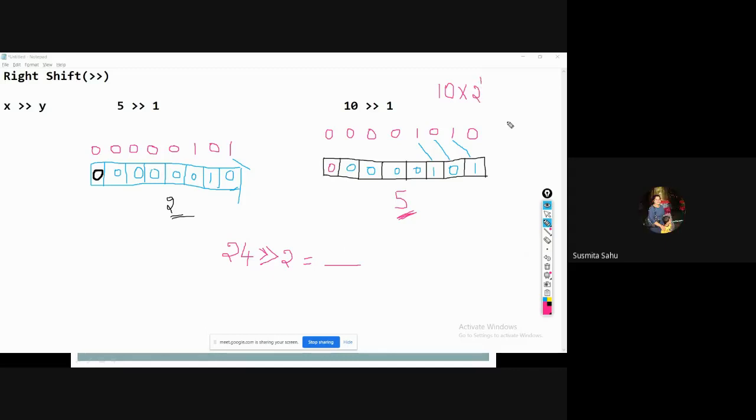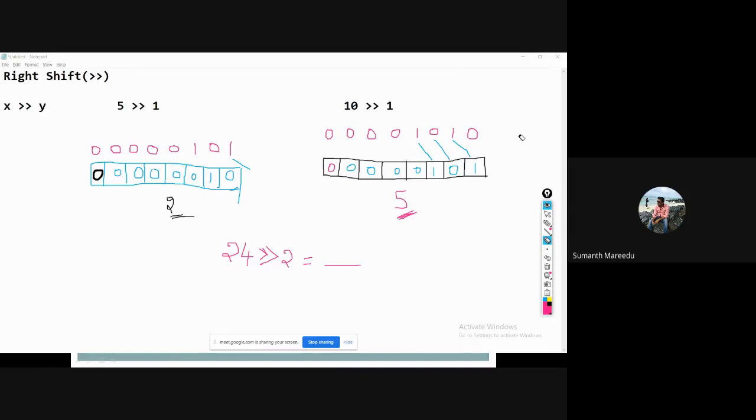Are you getting that number here when you apply the right shift operation? No, sir. What I told previously is for the left shift operation.